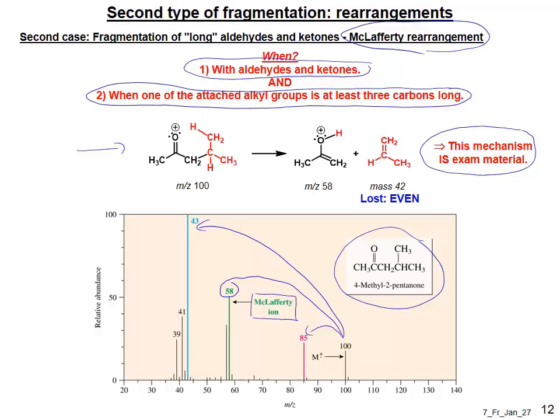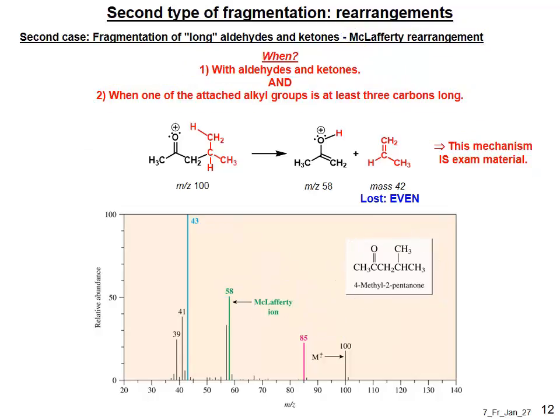The McLafferty rearrangement for this species is what's shown at the top here. If we start with the ketone that has a mass of 100, we ionize it to form the radical cation, and then through a cyclic mechanism the hydrogen that's on the chain of three carbons, one carbon, two carbons, three carbons, the hydrogen that's on the third carbon gets abstracted in an intramolecular fashion, so it ends up on the oxygen in the product.